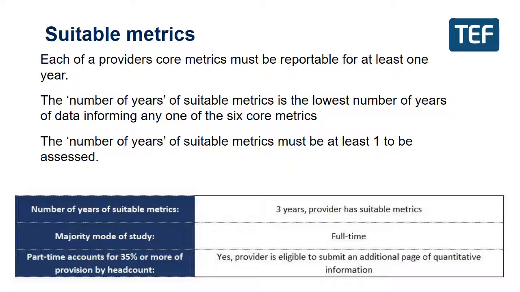If not, the provider will not be eligible for assessment in TEF Year 4, but it can opt to receive a provisional rating. Both the number of years of suitable metrics and the majority mode are identified in a provider's workbook. You don't have to work this out yourself. We show it on the front page of the metrics workbook in the form shown below.